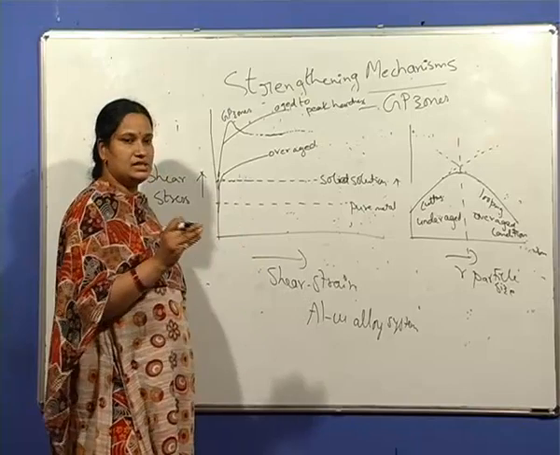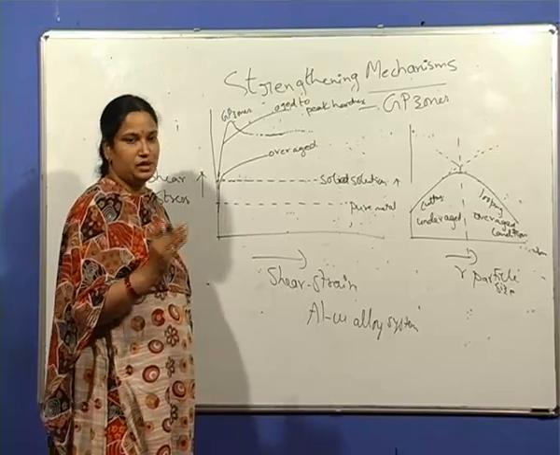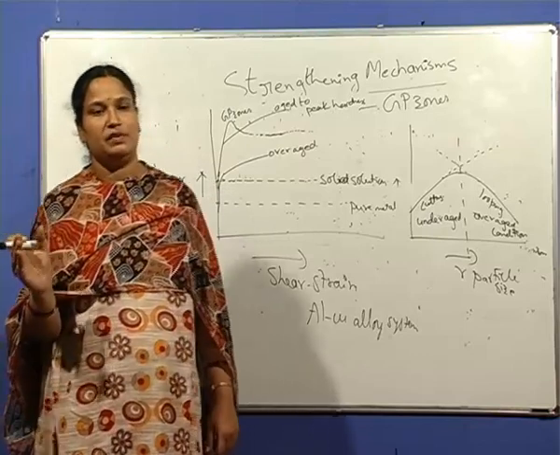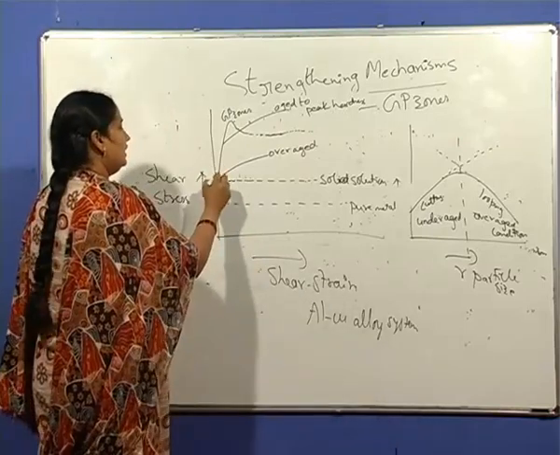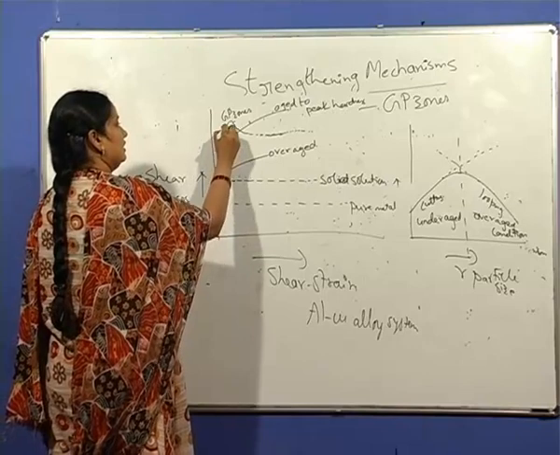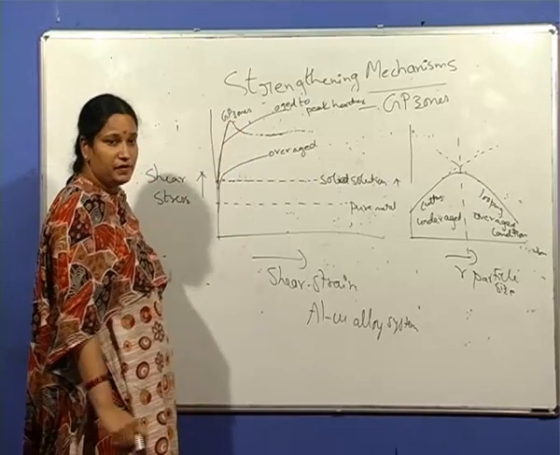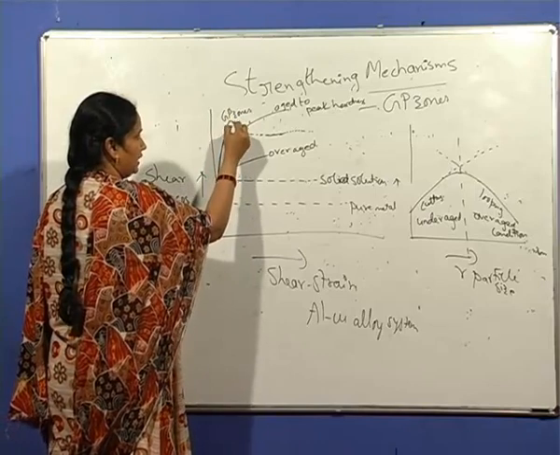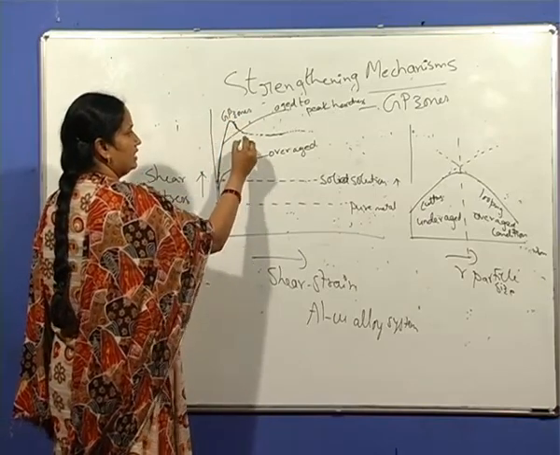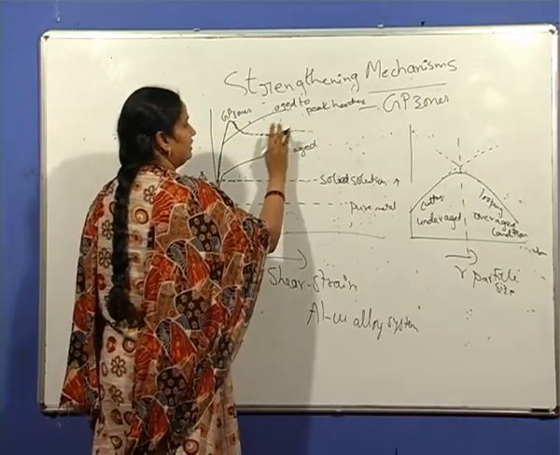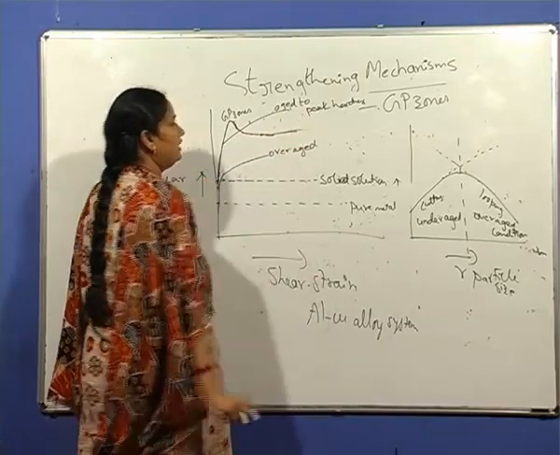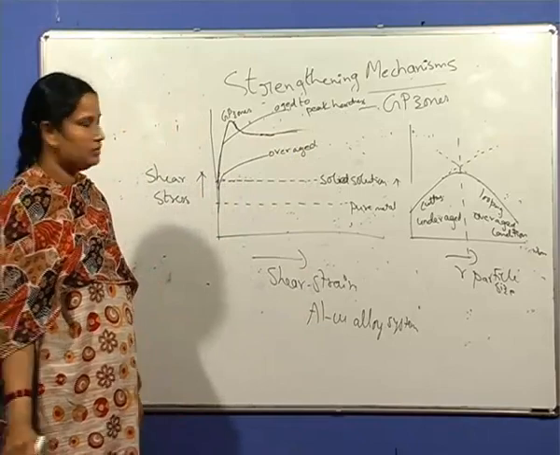Then once aging starts, the initial transition phases that are formed are the GP1 and GP2 zones. So the yield stress increases significantly in this case, a slight yield drop occurs, and then the rate of strain hardening is low.